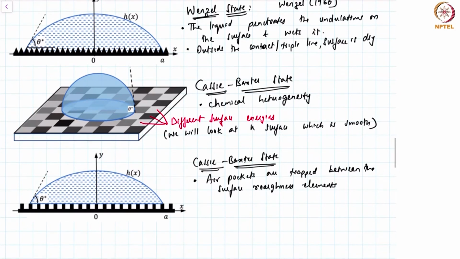So in other words, these little regions that you see here, all these regions, these are air pockets. Now, we want to do an analysis for each of these cases.